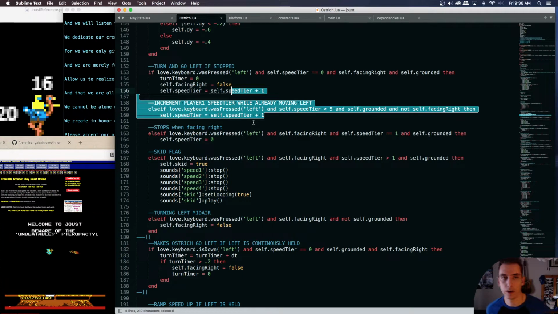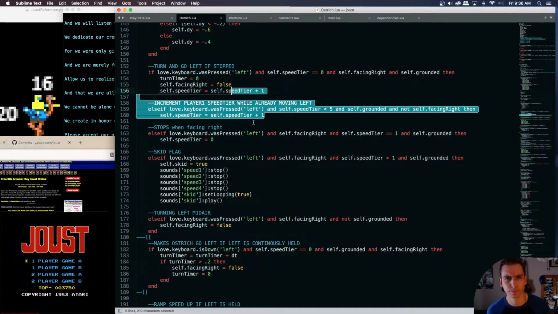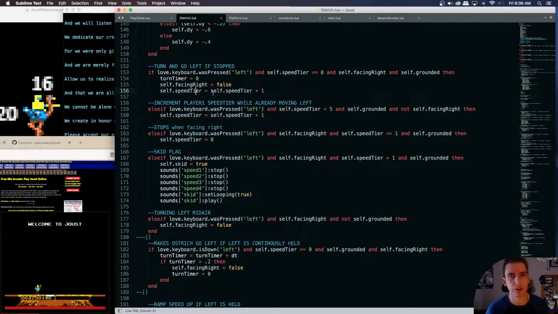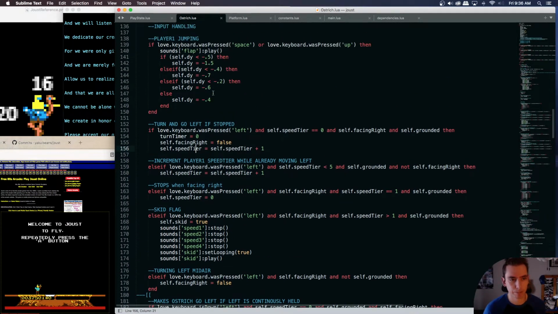It shouldn't really change how most of our code is, as long as instead of doing this speedTier, we're gonna, well, okay.